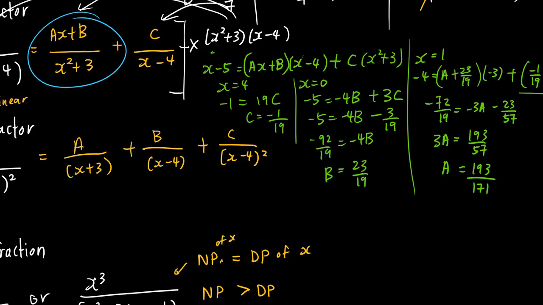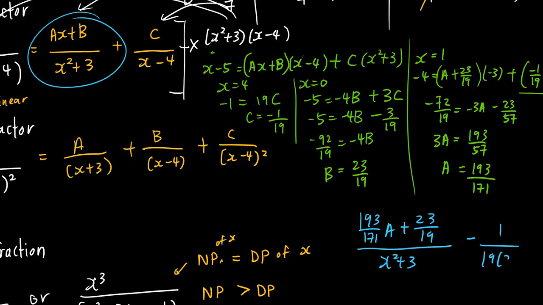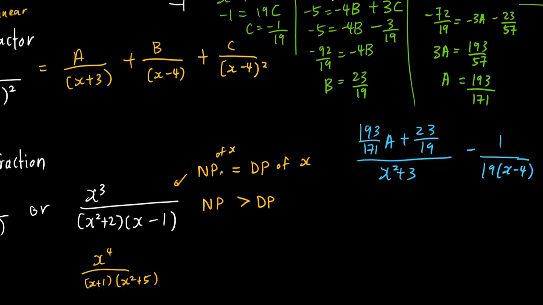So if I want to insert the things over here, I have 193 over 171 a plus 23 over 19 over x squared plus 3 plus c. C will be, okay, this one is still okay, -1 over 19 x minus 4. You might ask me how to simplify the first one.